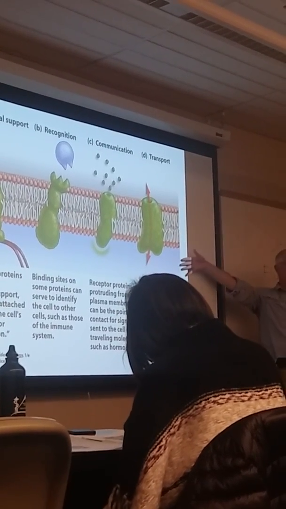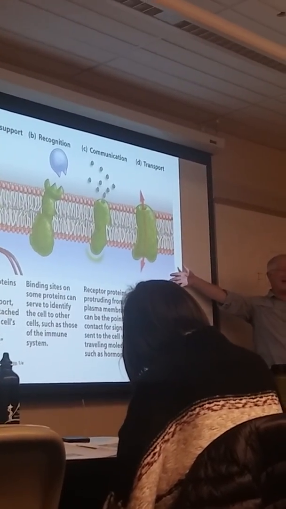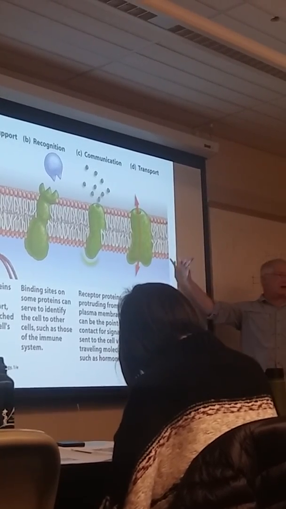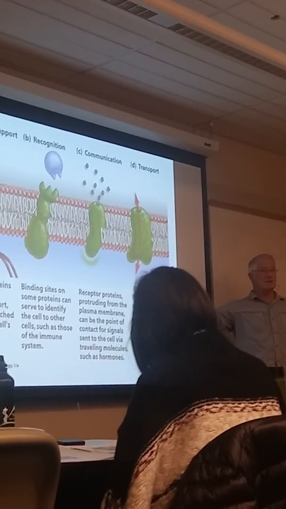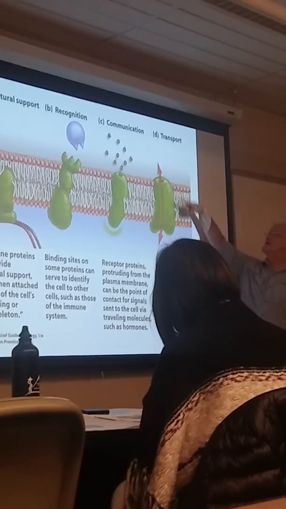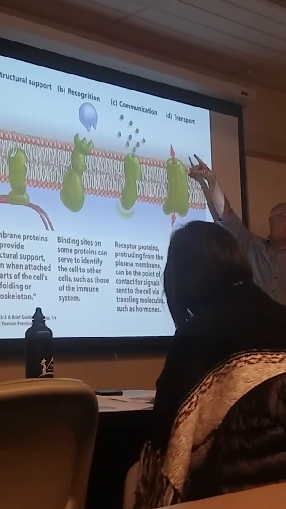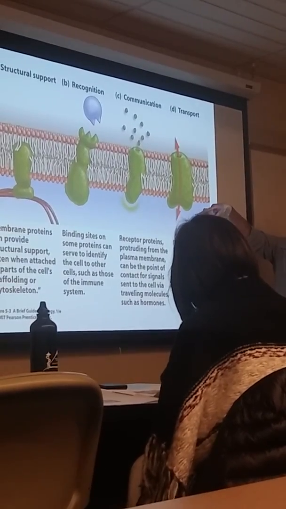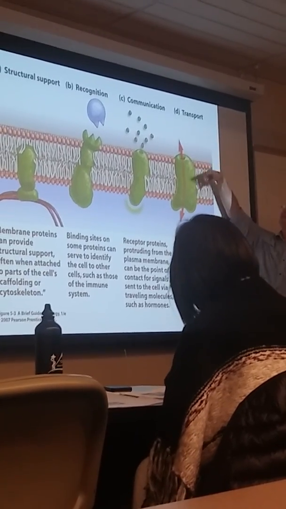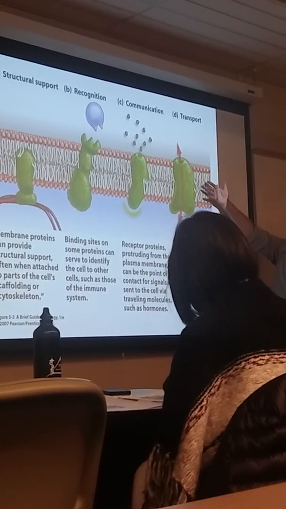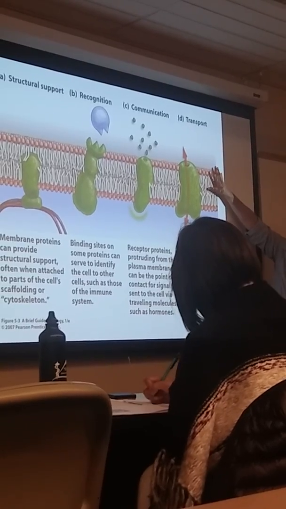This one is just a channel. It doesn't have any receptors. Like a tunnel, it's always there, and it allows stuff to move through the cell membrane in either direction, from the inside to the outside, or outside to in. That's why they call them transport.